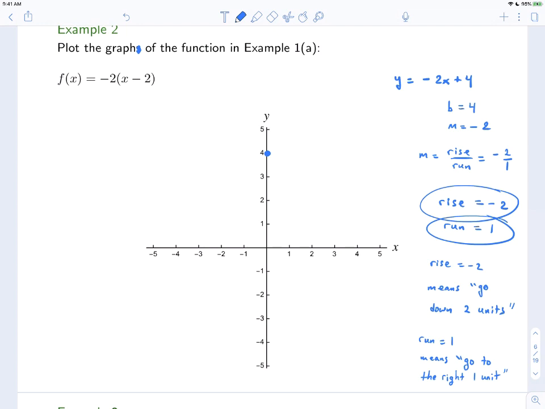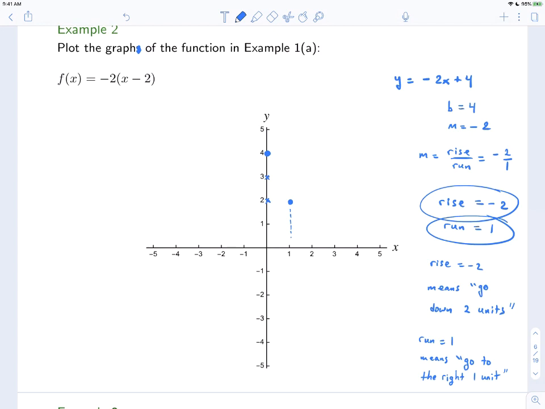So we can do that. We start right here at the y-intercept, or at any point that you have on the line. We go to the right 1 unit and down 2 units. So let's go down 2 units first. So 1, 2, and then we move to the right 1.